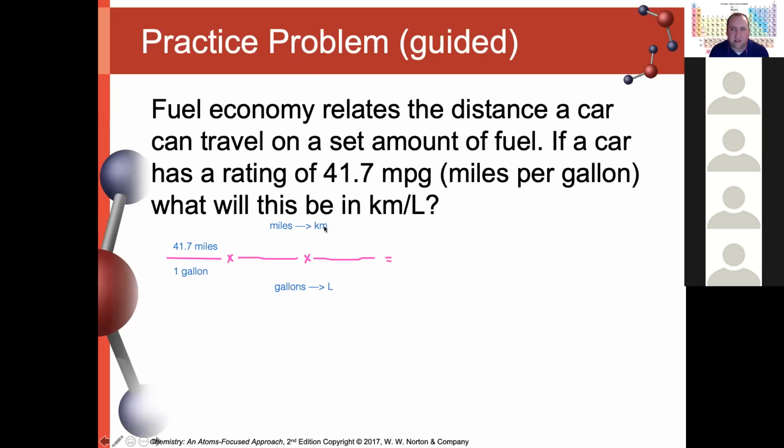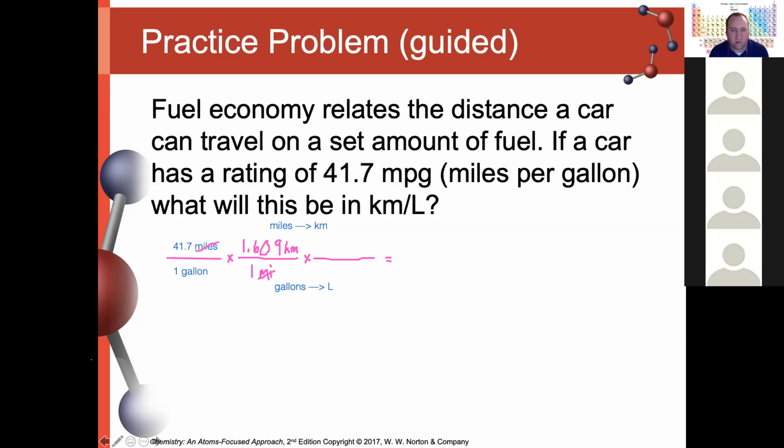So let's do the distance first. We had miles and we want kilometers. So 1 mile is equal to 1.609 kilometers. Now we set it up this way so that the miles in the numerator here cancel with the miles in the denominator there.